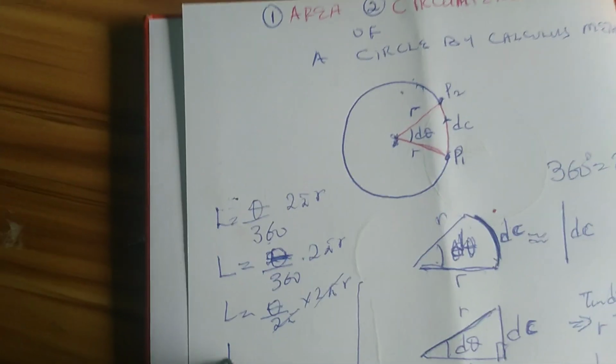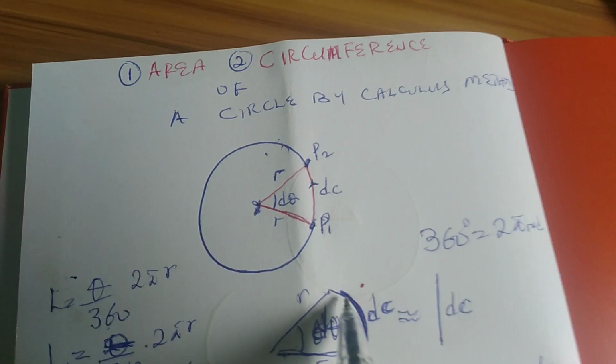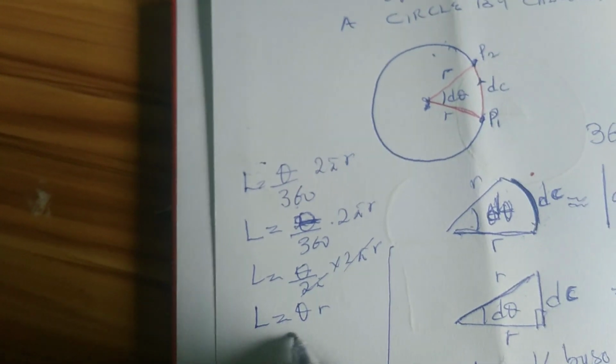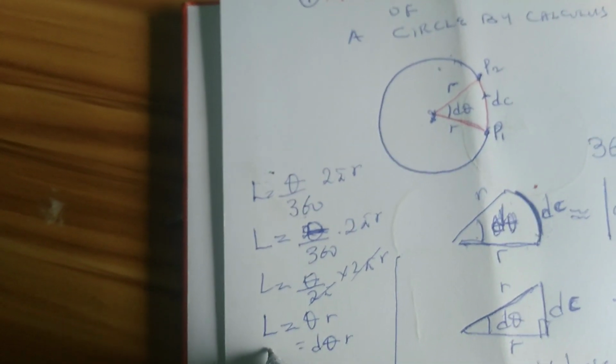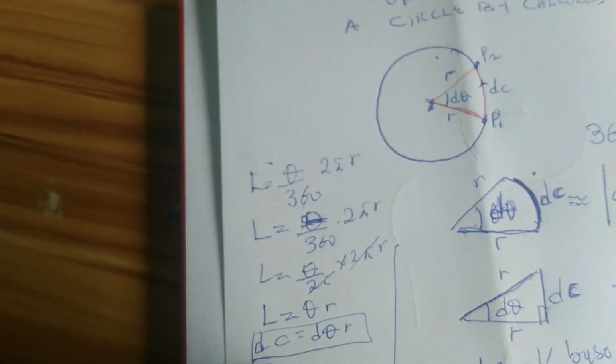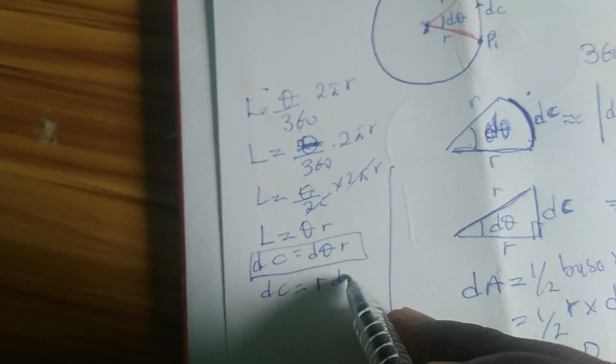So the length of that infinitesimal arc, that is the dC, is now θ r. That is, dC is equal to dθ r. So we can rewrite it as dC is equal to r dθ.